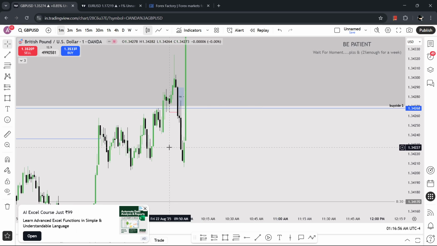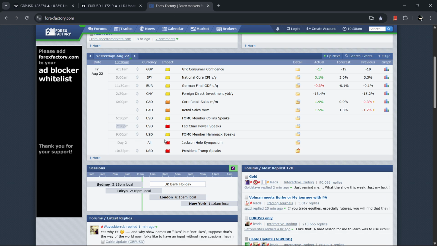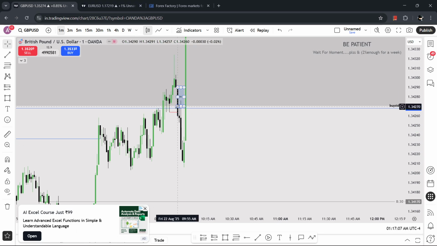Basically, this trade was not actually at 7:30. It was actually at 7:15, and I took the trade after 7:15. This could be 7:15.